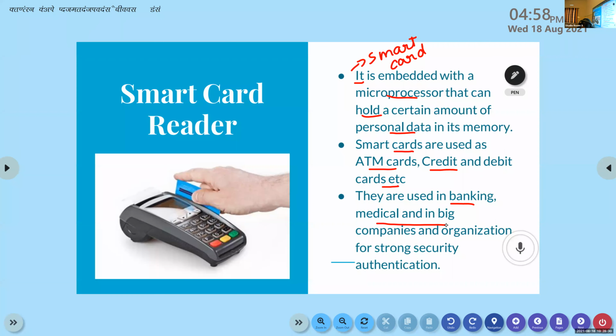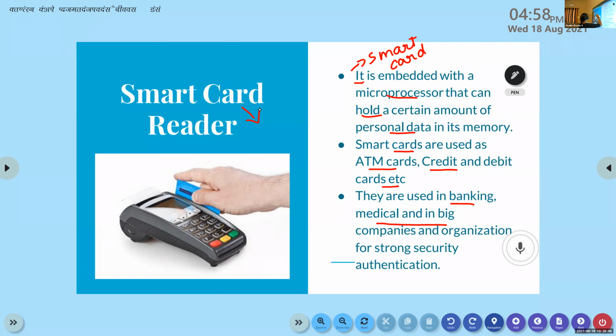So the device which is used for reading this is known as smart card reader. This special reader machine is used to read the microprocessor. The special device which is used for reading the microprocessor is known as smart card reader. So what is smart card reader?